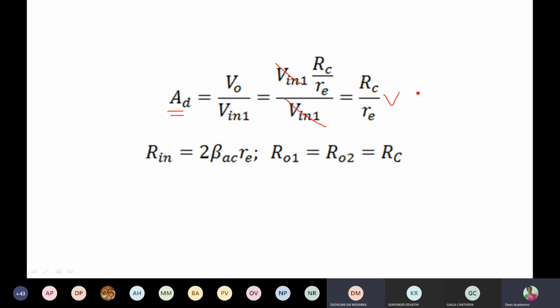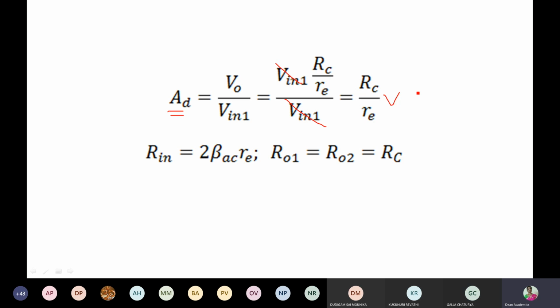See the previous pages and tell me. Rc by Re. Very good. Then for the second configuration, the dual input unbalanced output differential amplifier, Rc by 2Re. Very good, right?